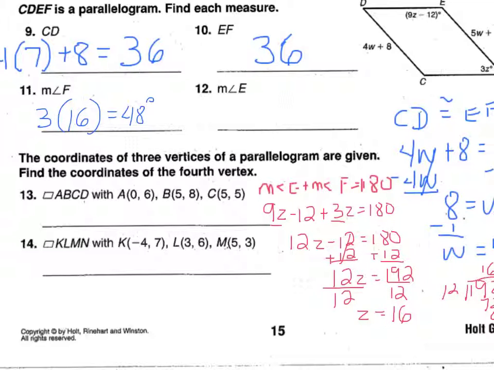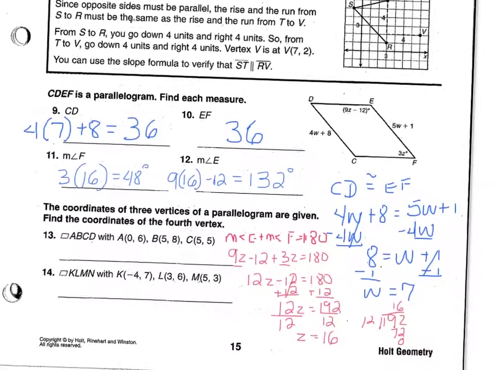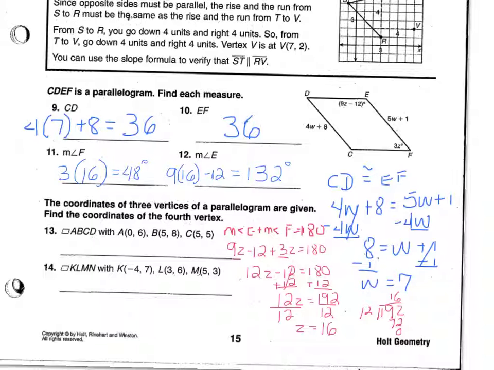So it's 48 degrees. And for the measurement of angle E, well, that is 9 times Z minus 12. When you substitute Z to be 16, so let me just go back and erase that and put 16 instead. Okay, when you put it into the calculator, that would be 132 degrees, okay? So this is the section 6.2, and these are the notes for section 6.2.